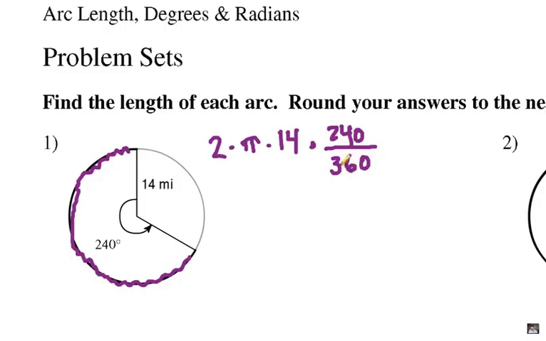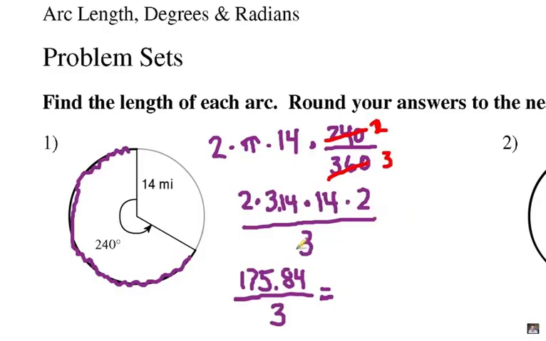All right, let's simplify. Common factor of 120 right there, so that's going to give me 2 over 3, and multiply this whole thing out, which is eventually going to give me 175.84 divided by 3, and now it's going to give me 58.613. Let's call it 58.6. Okay, now that's going to be miles, and that's going to be my unit there.